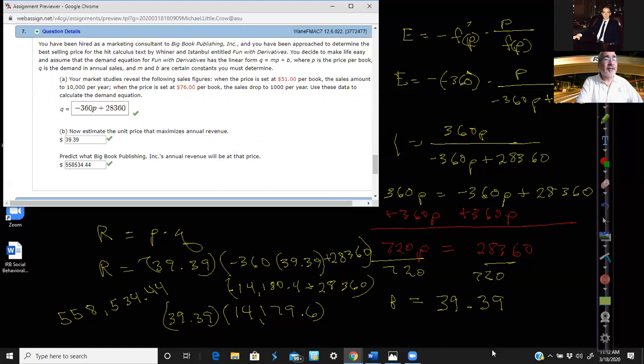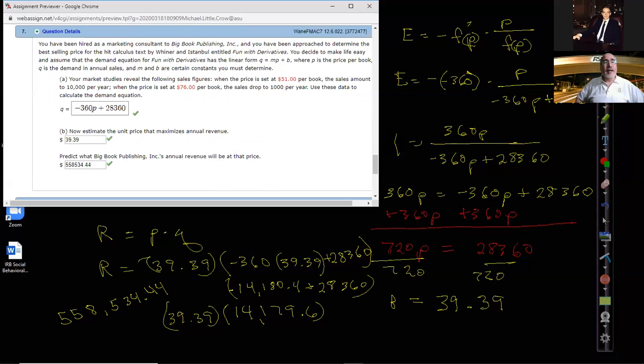That took us most of the class time to get through one problem, but all of these will be the same. You'll be using this elasticity function for the price demand is what we're going to focus on, not the income. So if you had issues with the income demand, we won't be doing problems on those. So that'll be okay.